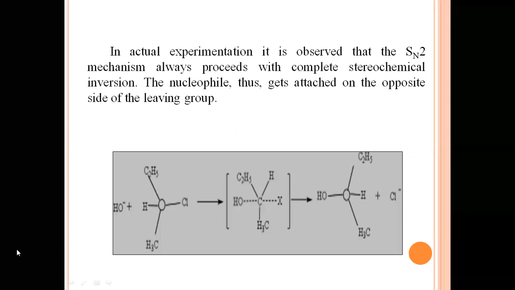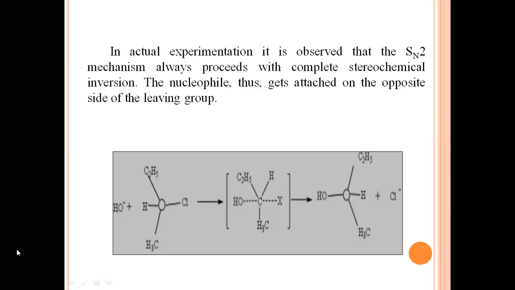In this transition state the leaving group has not departed, so the hydroxyl group has to attack from the rear side. On departure of the leaving group, the planar bonds get directed to the opposite side to accommodate the newly attached nucleophile. So for inversion of configuration, rear side attack of the nucleophile is the basic reason.